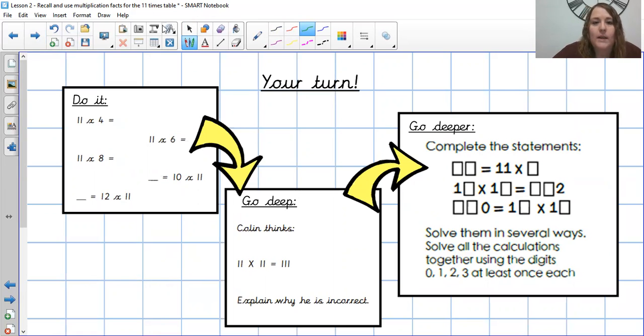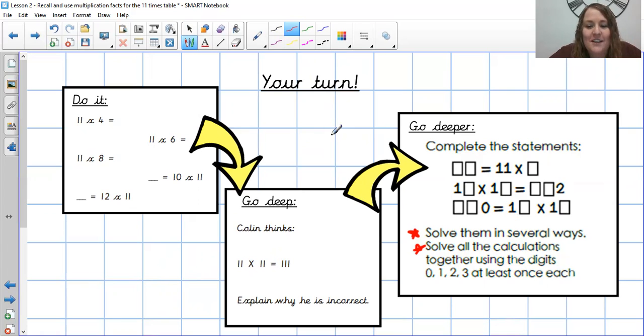First one, again, there's always different ways for these ones. The first one says to solve it in different ways, and then can you solve the calculation together using the digits 0, 1, 2, 3 at least once each. So it's not all of the digits today. Good luck at having a go at this one, and just remember to come back at the end for our learning pit. Off you go.